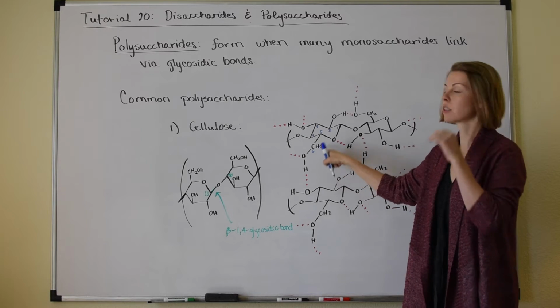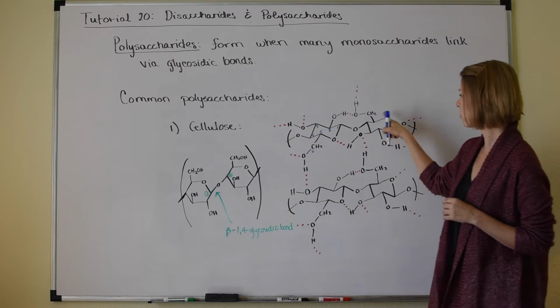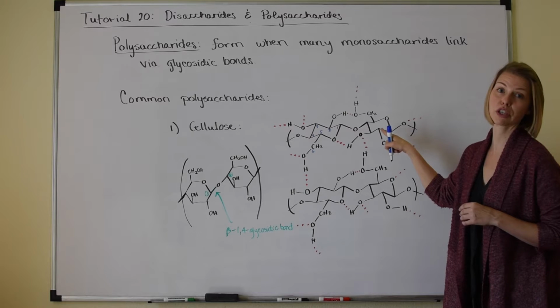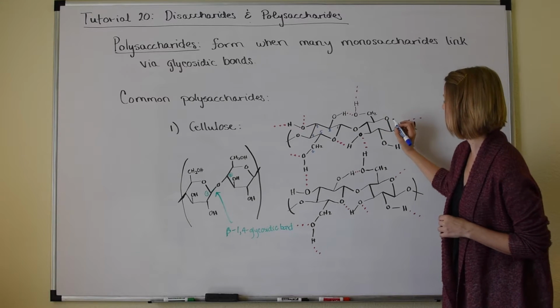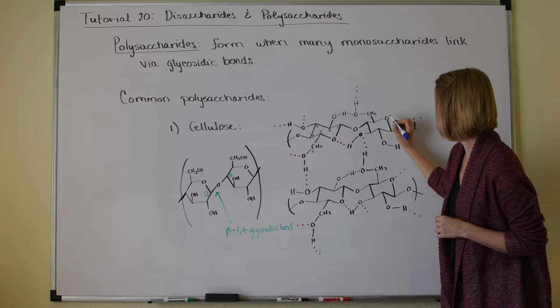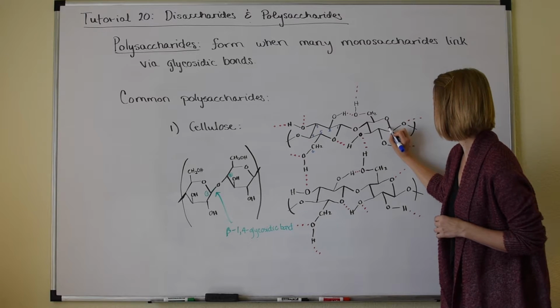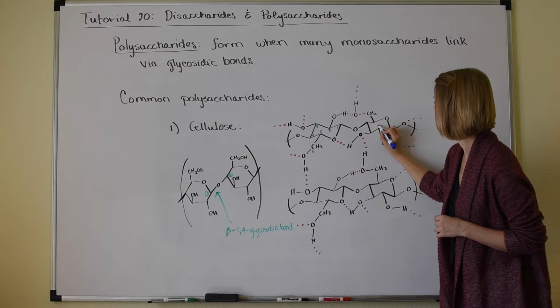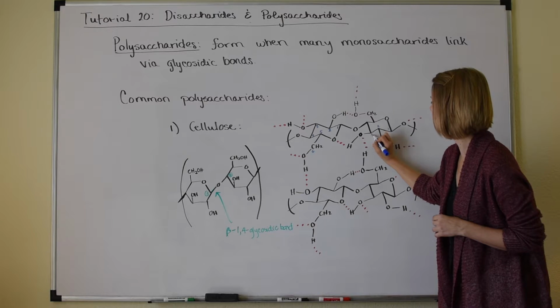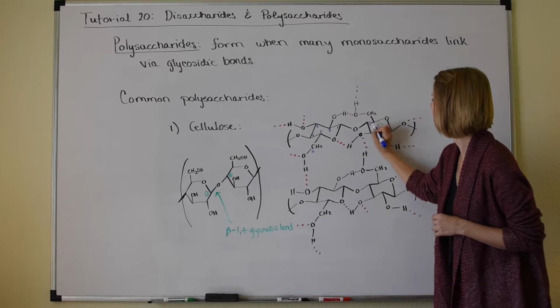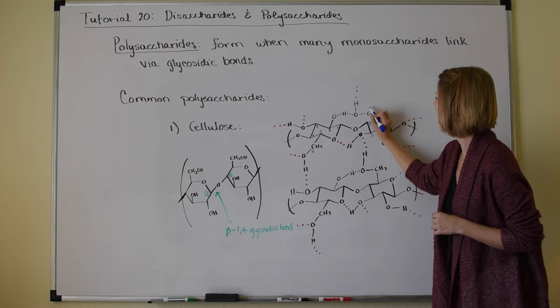Okay, so let's do the same thing over here for this individual glucose monomer. So here we've got the oxygen in the ring, and then carbon 1, 2, 3, 4, 5, and 6.